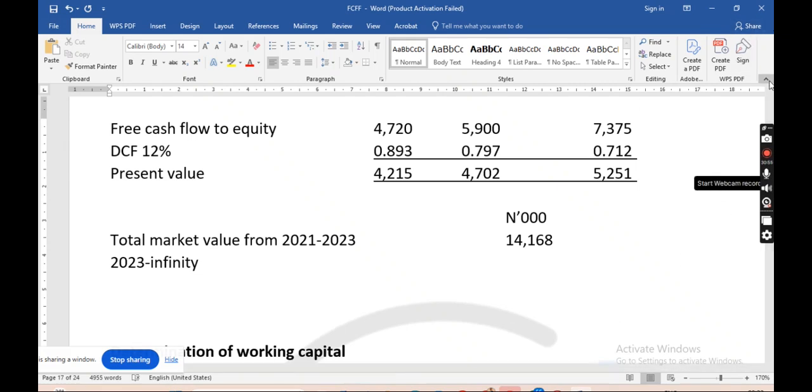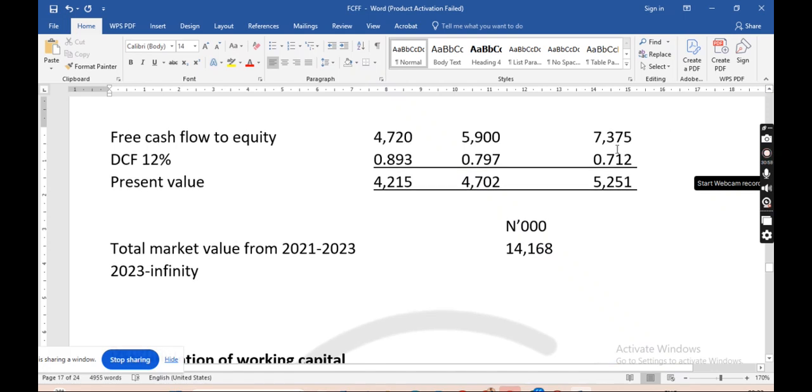So this is our last. Don't forget, you always pick your last cash flow because it is from 2023.